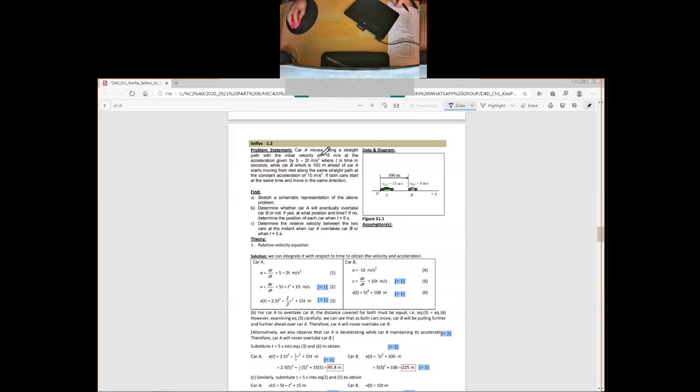But you see here, car A moves along a straight path with the initial velocity of 50 meters per second and the acceleration. So this is a mixed motion, you have straight line motion at a constant acceleration.